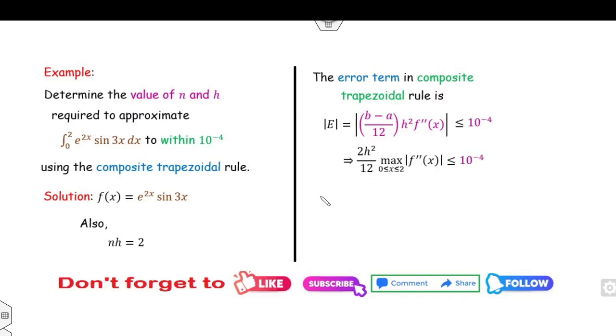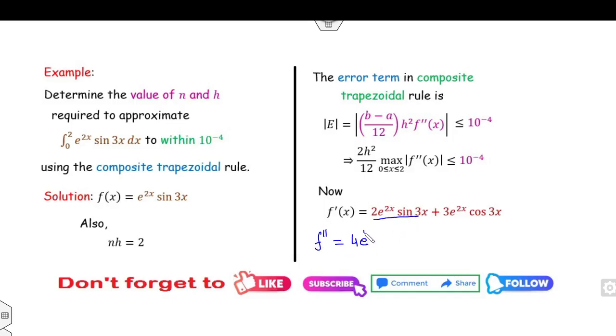Now how can you find the second derivative? Can you find the first derivative of this function? This is the first function times the derivative of the second function. So 3 cos 3x, fine, and plus 2 times e raised to power 2x sine 3x. This is the first derivative of the function. Can you find the second derivative? So again, very easy. You can apply the product rule here.